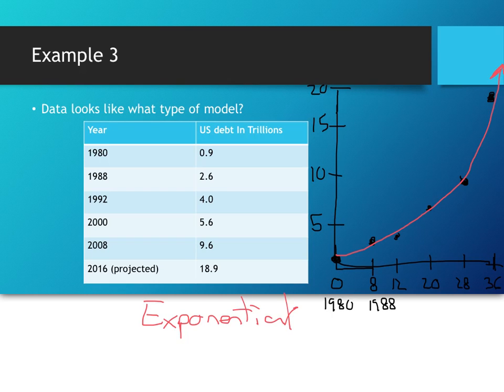And again, we can input these things into our calculators, or if you have a calculator that would do it, I should say. And I'm going to make sure that when I input these things, I input the years since 1980. So instead of inputting the year, I'm going to input 0 for that one, 8 for this one, 12 for this one, 20 for this, 28, and 36 for that one.